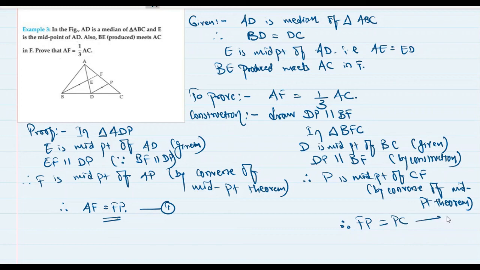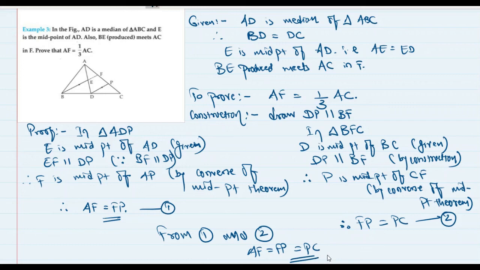This is equation number 2. And from 1 and 2, you can say that AF is equal to FP is equal to PC.